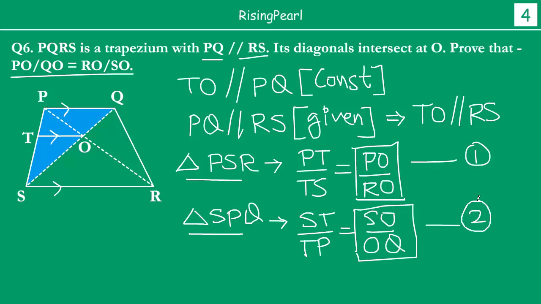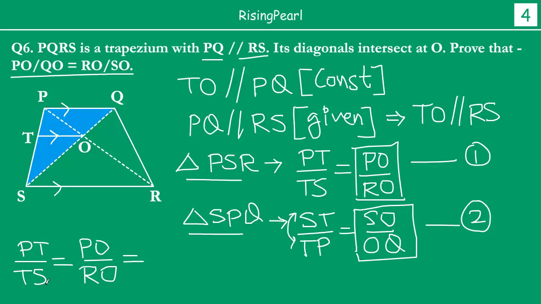So from condition 1 and condition 2, equation 1, equation 2, what we can write is PT by TS is equal to PO by RO, which is equal to, so here we need to take a reciprocal, right?